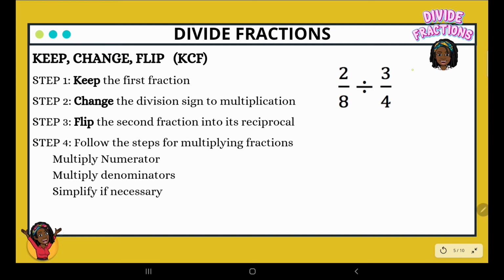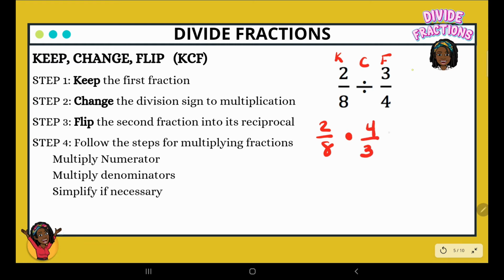Let's apply these steps to this example. We keep our first fraction, 2/8. We change the division to multiplication. And then we flip, or take the reciprocal of, 3/4, which is 4/3.